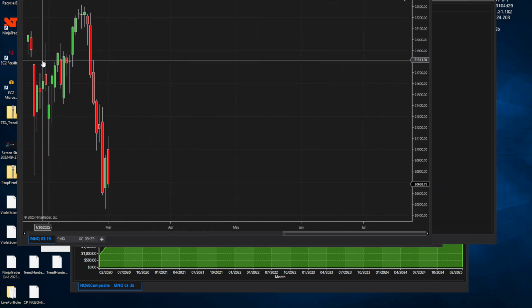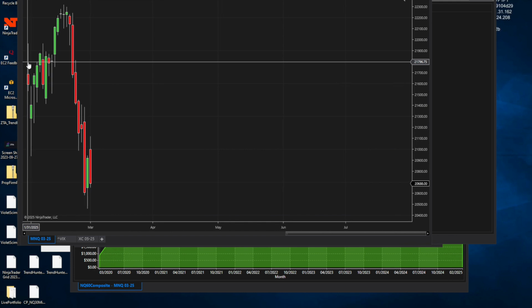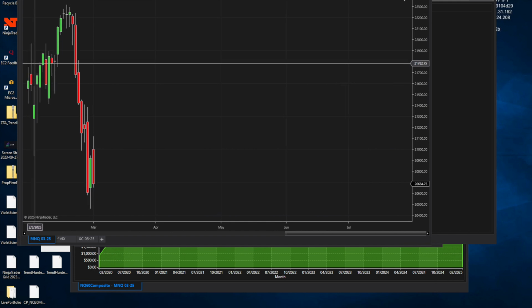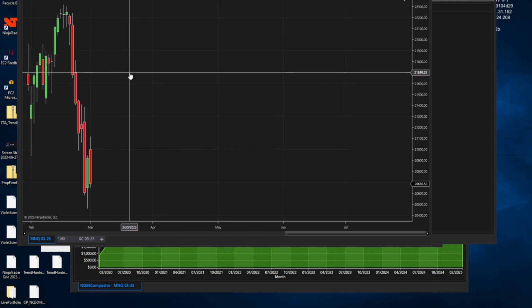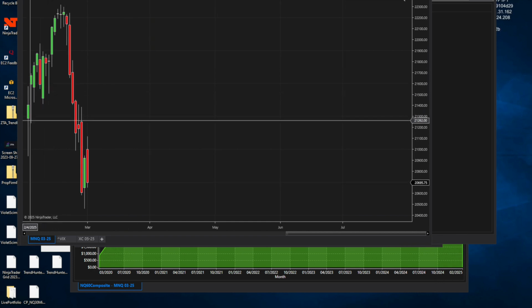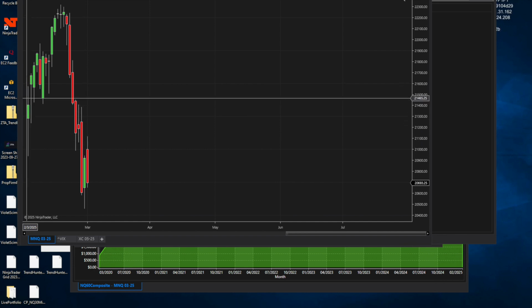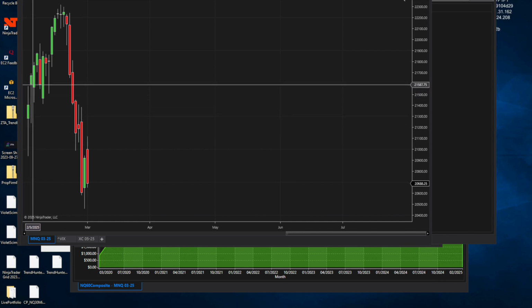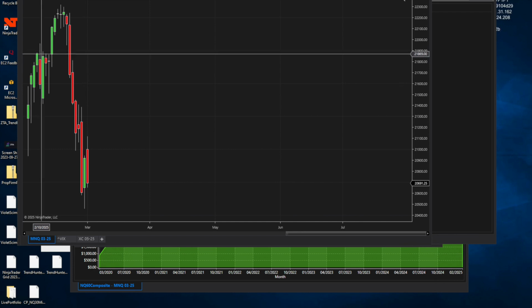If we were to drag these over, you can see that the start of the month is this green bar here with the wicks on both sides. So look at this price action. You can see all of these wicks, all of these upper and lower wicks.